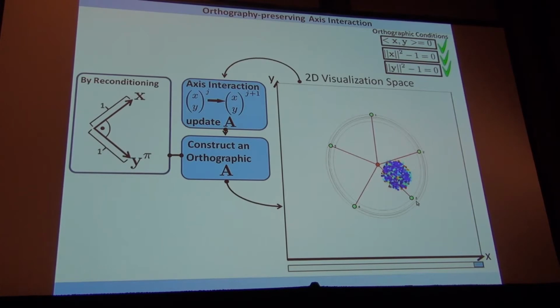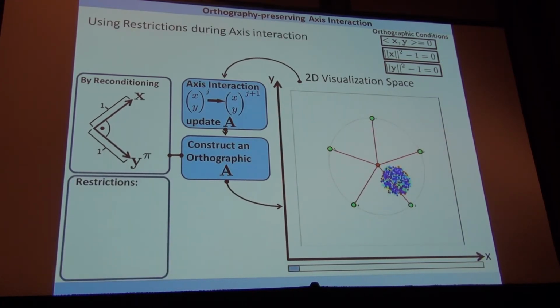Up to here we have seen that in the interaction schemes for orthographic star coordinates all axes move freely in the visualization space. It might be that in certain situations a user wants to restrict those movements, maybe in order to improve the visual search. Especially two of those restrictions are of special interest. Namely, first to fix an axis in the visualization space, so to forbid any movement.